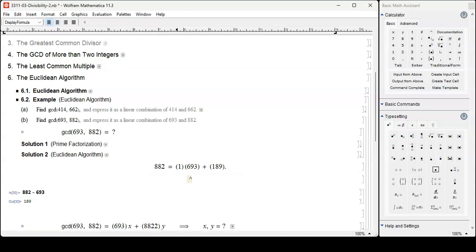Okay, 693 is some quotient times 189 plus the remainder. And what is this? 693 divided by 189, 3 point something, so quotient is 3.